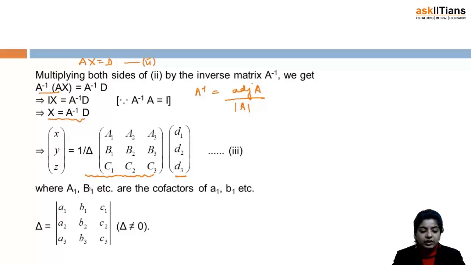So where these would be cofactors, and this is the transpose of the matrix of cofactors divided by determinant. So this whole value is A inverse, and the determinant you already know is A1, B1, C1, the determinant of the coefficients. So just remember, this is giving you the solution set of that system of equations, X equal to A inverse D.